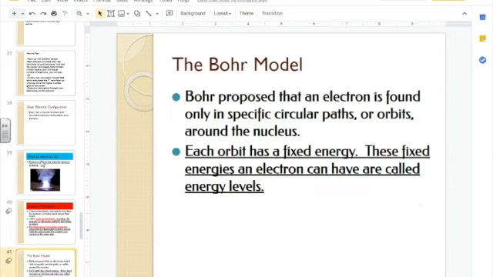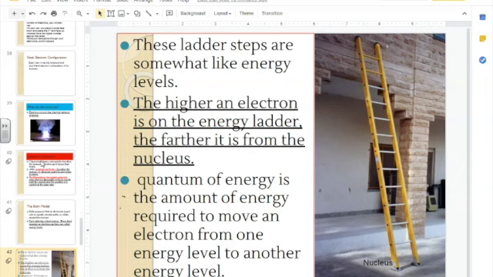The Bohr model, which we talked about when we did the history of the atom, is basically saying that each orbit has a fixed energy. These fixed energies an electron can have are called energy levels. The higher an electron is on the energy ladder, the farther it is from the nucleus, and you need more energy to get to each step.